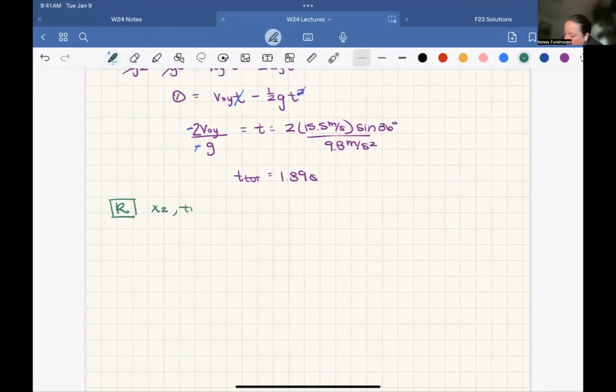And the time is T total, which is 1.86 seconds. I'm sorry, I feel like I said 1.89, but it's 1.86. You could round it to 1.9.